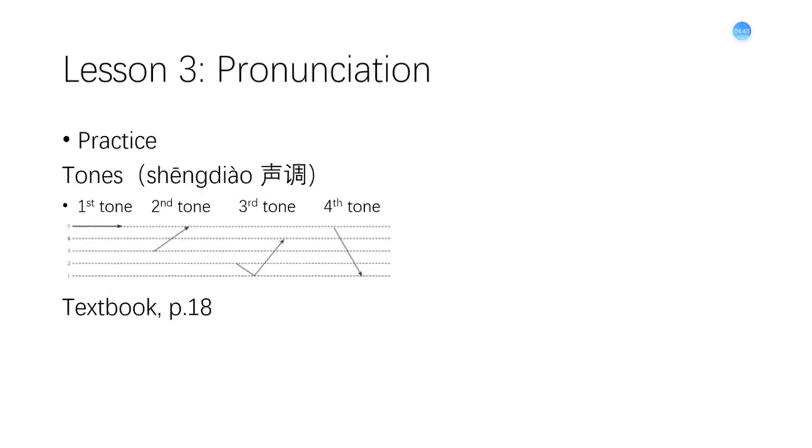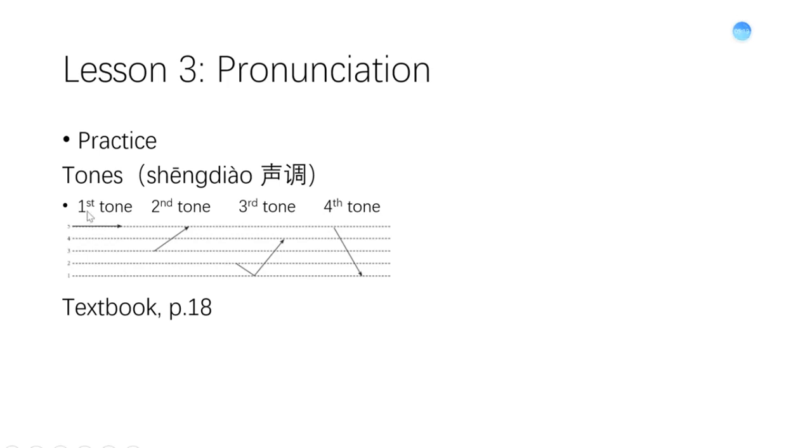And then we make a practice of tones, 声调. 声调 are very important, so we will practice the tones in each lesson. First, we review the four tones. The first tone is very high and flat.